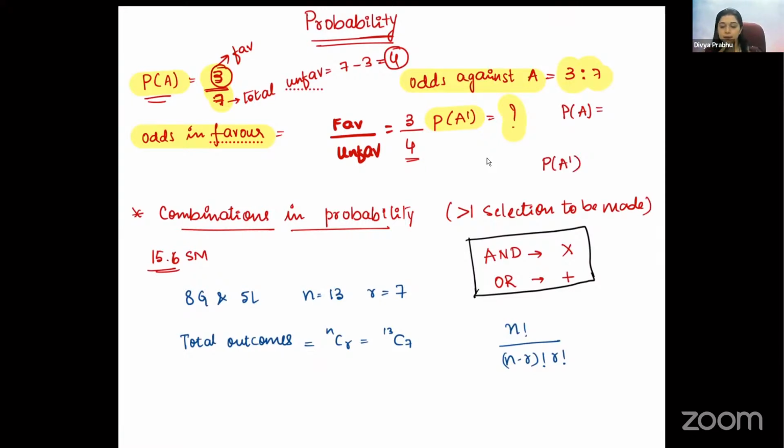Waiting for the answer. Use the formula: odds against means what comes in the numerator? Unfavorable. What comes in the denominator? Favorable. This is a hint I'm giving. Calculate what is P of A, what is P of A dash. Quick, quick.